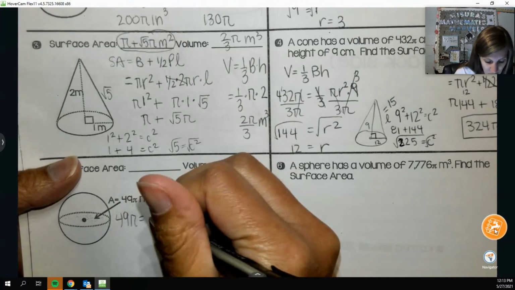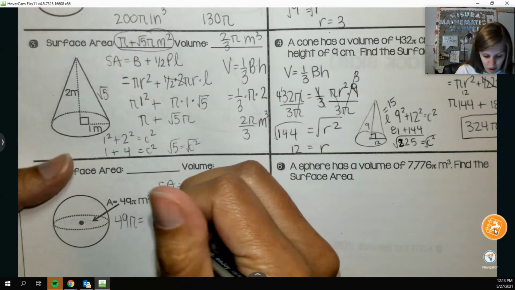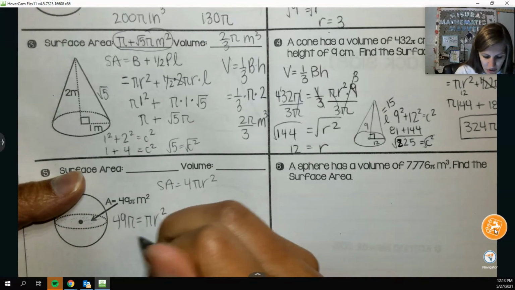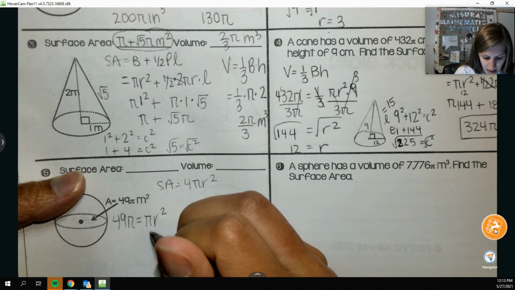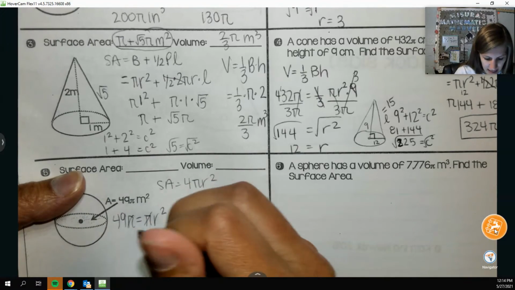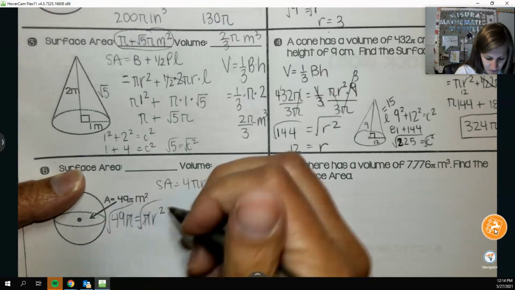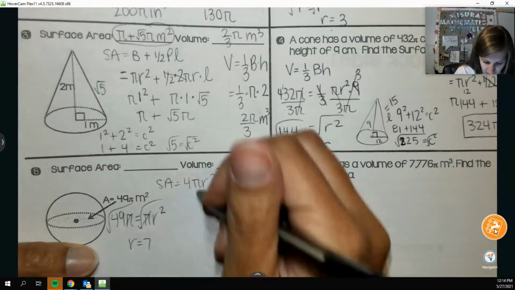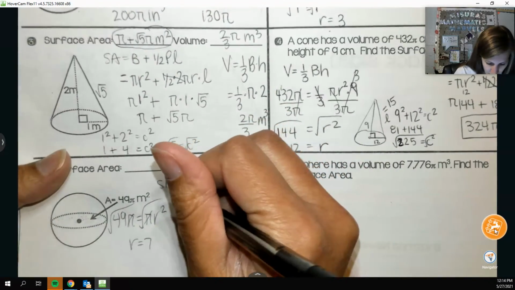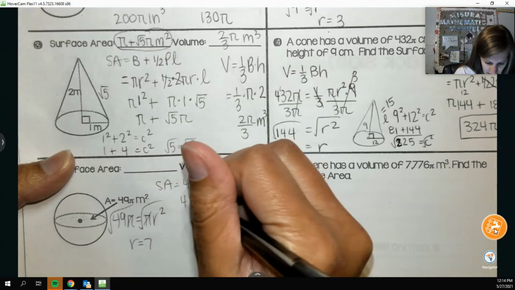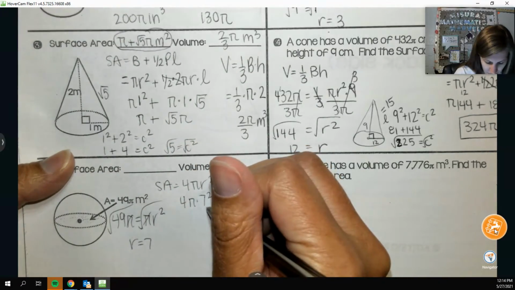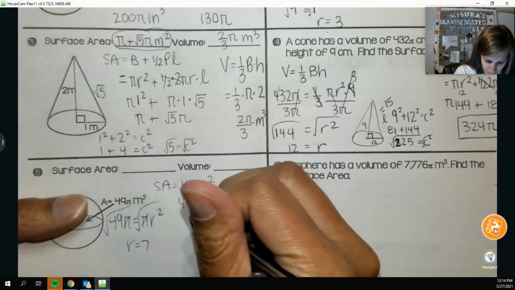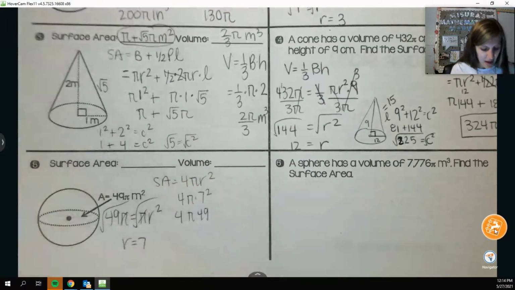But I can set that equal to how I find the area of a circle, which is pi r squared, and see what r would have to be. We divide the pi's away and then square root for 7. So then I can plug that in, and we have 4 pi 7 squared, which is just going to give me that 49 back, but then I have to multiply it by 4.